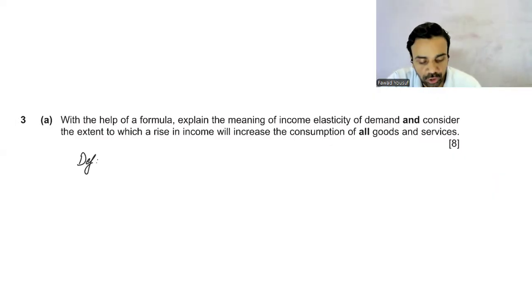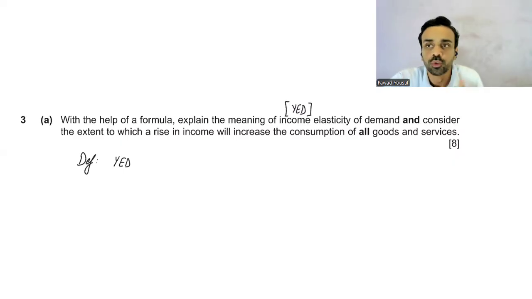सबसे पहले तो डेफिनेशन ये है कि जो आपका इनकम इलास्टिसिटी ऑफ डिमांड है, इनकम इलास्टिसिटी ऑफ डिमांड का बेसिकली अब्रीविएशन है YED. इनकम के लिए आप थ्रू आउट इकोनॉमिक्स में Y यूज कर सकते हैं.